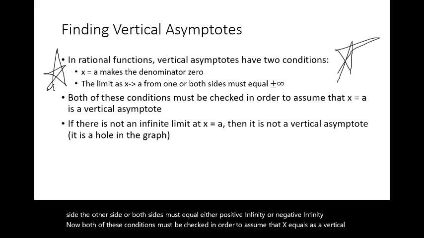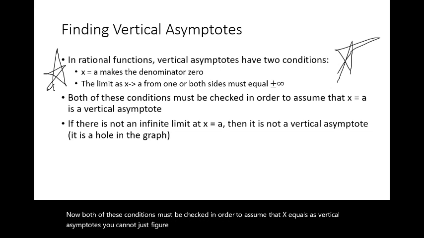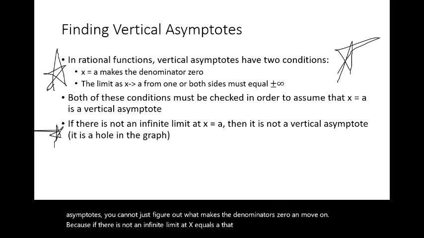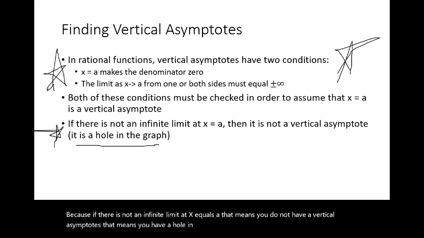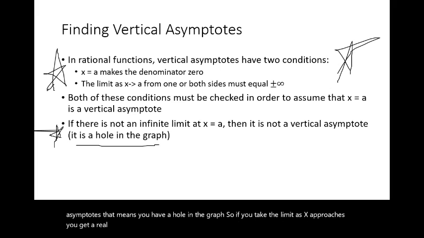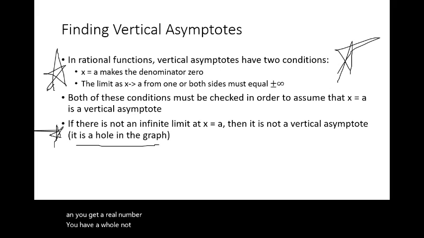You cannot just figure out what makes the denominator 0 and move on. Because if there is not an infinite limit at x equals a, that means you do not have a vertical asymptote. That means you have a hole in the graph. So if you take the limit as x approaches a and you get a real number, you have a hole, not a vertical asymptote. So that's why you have to check both of those conditions.